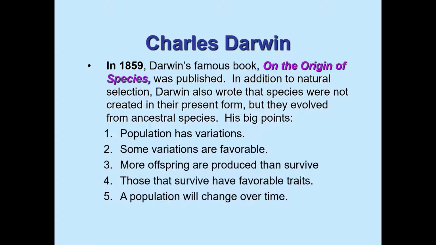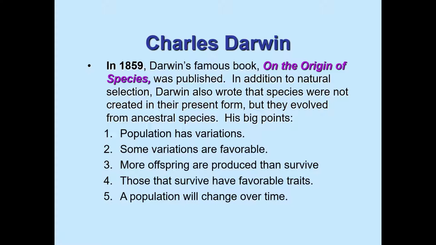Number one, a population has variations such as height, eye color, intelligence, just some traits that are different within a population. And number two, some variations tend to be favorable, or they make it easier for certain individuals to be able to survive and then have more offspring over time.